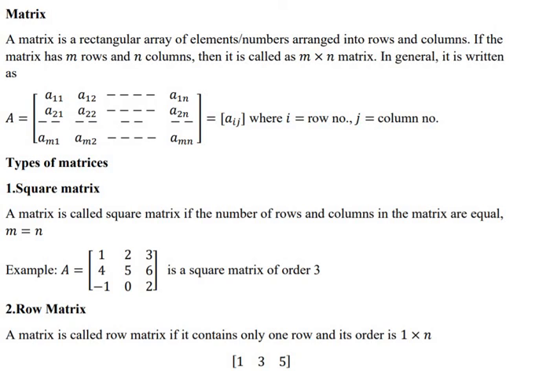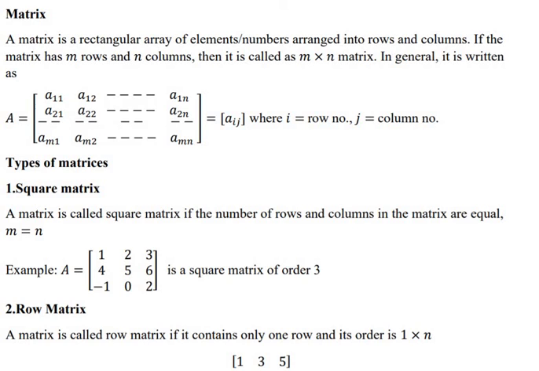In general, it is written as A equal to a matrix in which the elements are denoted as A11, A12, etc. A1n in the first row, A21, A22, etc. A2n in the second row, and in the mth row, Am1, Am2, etc. Amn, in which each of the elements is generally denoted as Aij, where i indicates the row number and j indicates the column number.